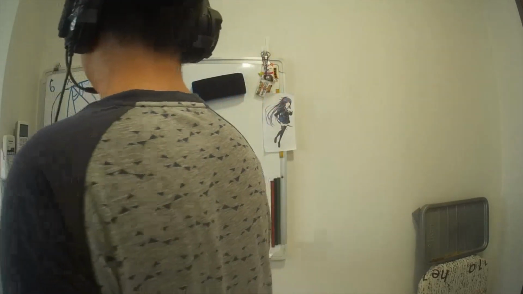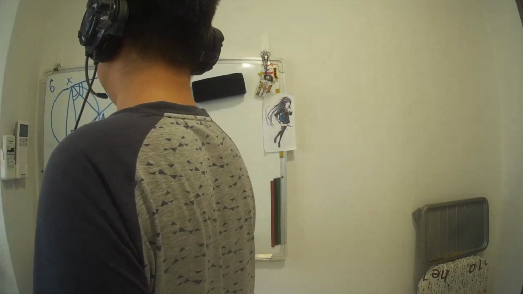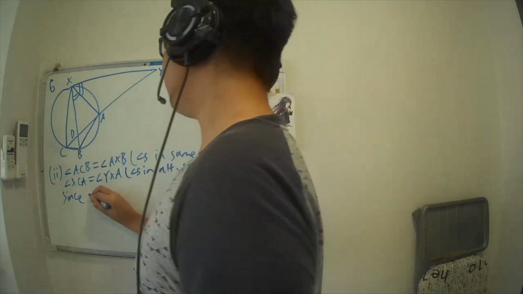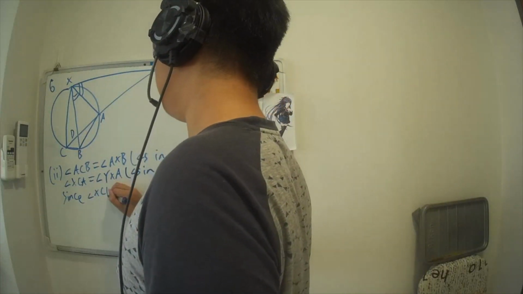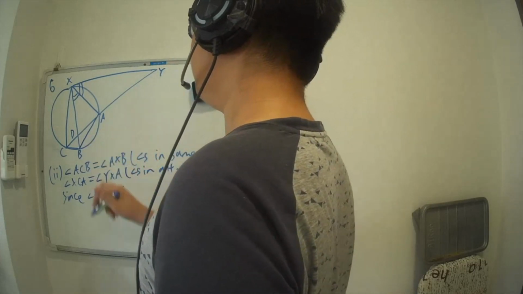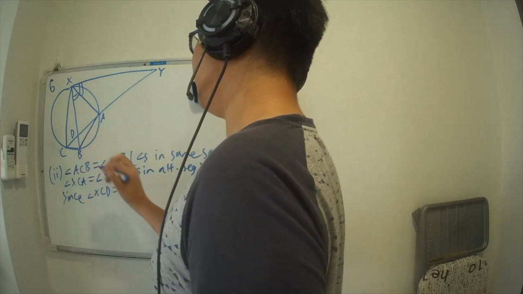So XCA is the same as XCD. So since angle XCD equals angle ACB, I'm going to look at it as DCB.